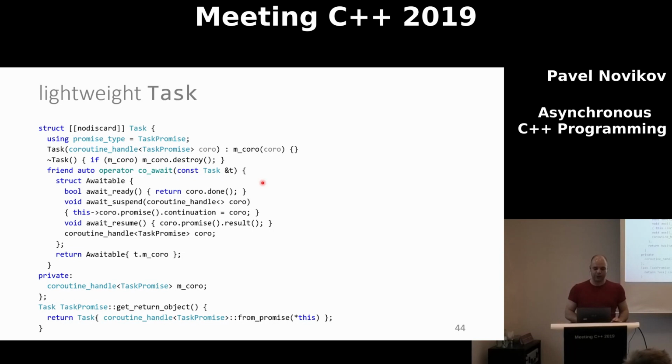It again returns an awaitable type. Here we again schedule our continuation. So if this coroutine suspends, we tell how to resume the coroutine when the result is ready. Eventually we return the awaitable type with this coroutine as a context. And that's basically it.